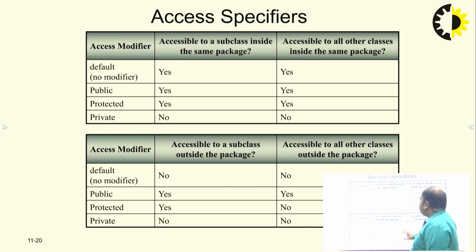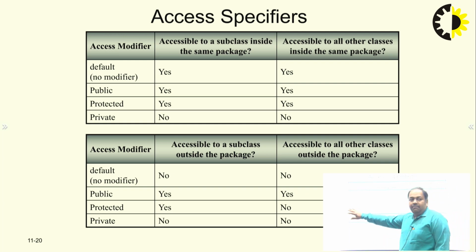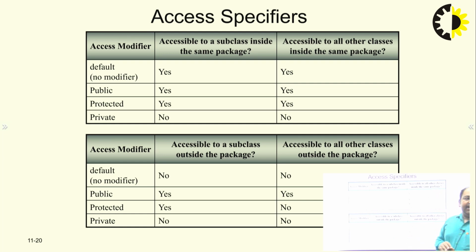Default can be used in a subclass. Public can be used inside the same package. Inside the same package we can also use protected, and it is accessible in a subclass. The private modifier: if we define any method with the access modifier private, then it is not accessible in a subclass even if it is in the same package.